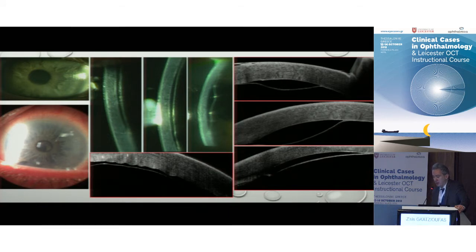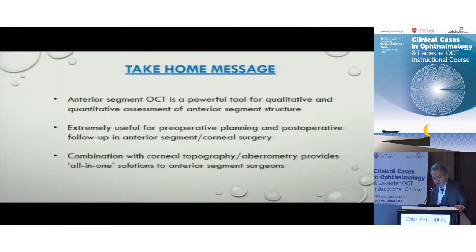You cannot always recognize the margins of the graft on slit lamp examination. So sometimes you're not 100% sure whether the graft is well attached. So this imaging technique allows us to be sure postoperatively whether there's a detachment or not.